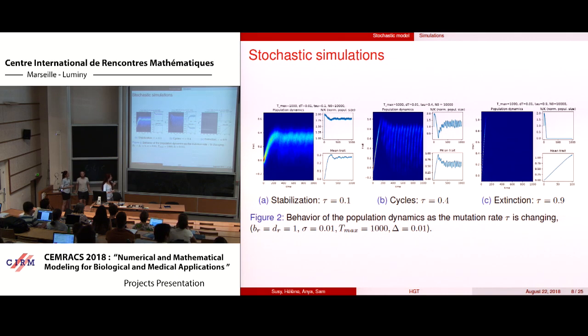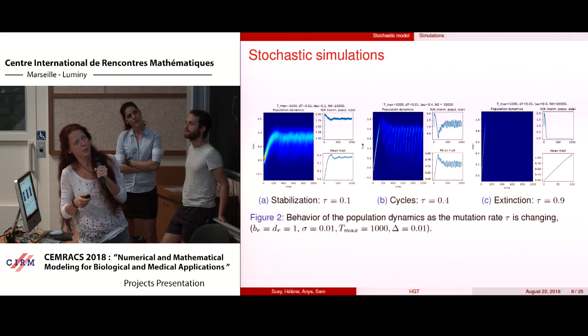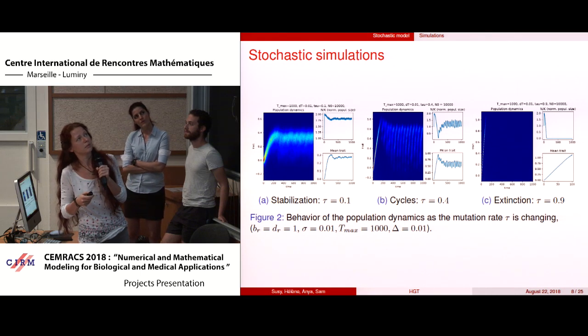In the second case we have cycles. Maybe on this picture on the big screen it looks a bit like some diffusion, but in fact we have really some cycles which are quite extended in space. And also if you look at the plot with mean population size or mean trait, we also see that it's cyclic.